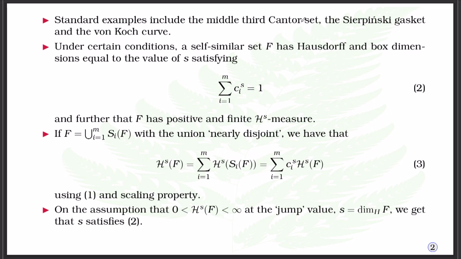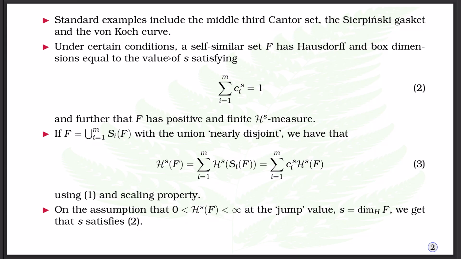Standard examples are the middle third Cantor set, the Sierpinski gasket and the Van Koch curve. As we discussed earlier, the Cantor set can be written as the union of two contraction mappings, the Sierpinski triangle as the union of three mappings, and the Van Koch curve as the union of four mappings, which we discussed in the iterated function system theory.